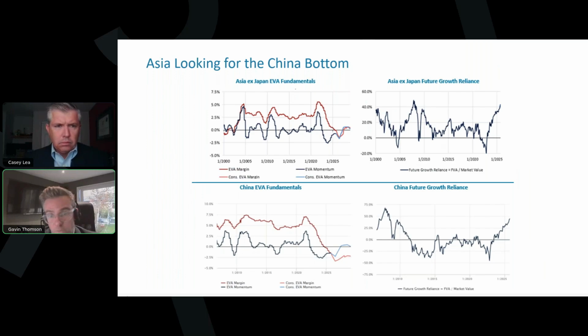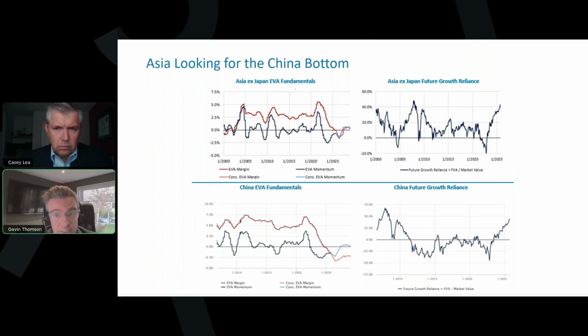But with current profitability so depressed, we'd like to think that there is a potential cyclical rebound, but a lot of that rebound's already priced in. So certainly we'd be waiting for more confirmation from a bottoming in fundamentals, and a lot of the pressure has come from China. So the bottom charts show China, which is certainly searching for that trough or that bottom in profitability.